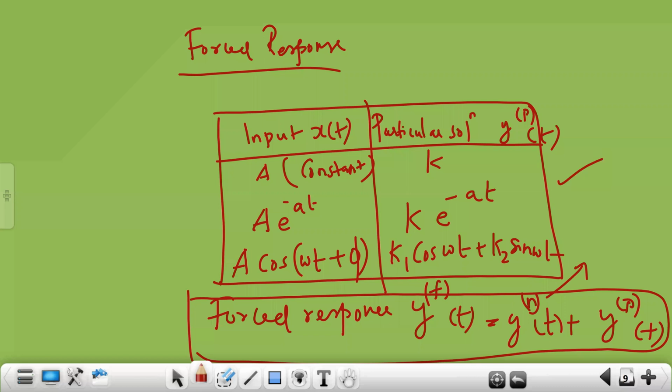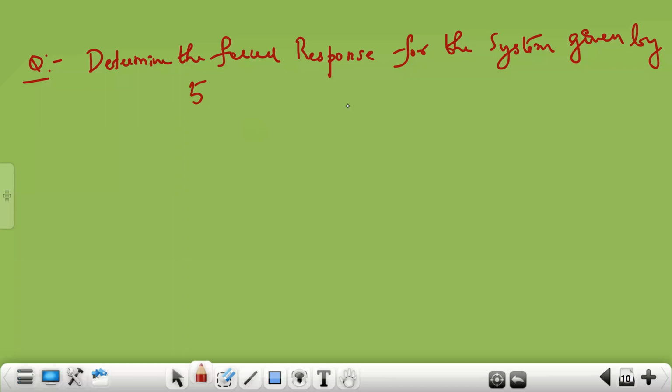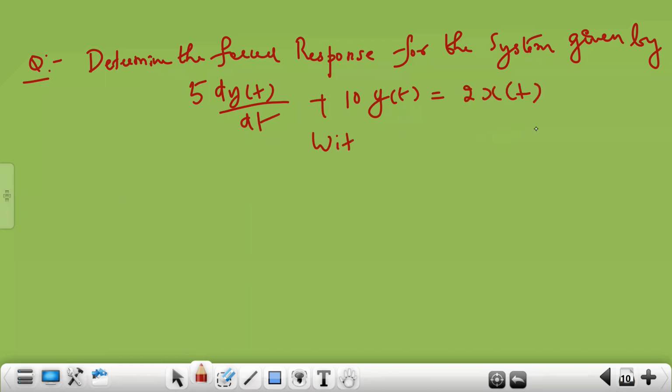Now take down the problem. Determine the forced response for the system given by 5 dy of t by dt plus 10 y of t equal to 2x of t, with input x of t equal to 2u of t.